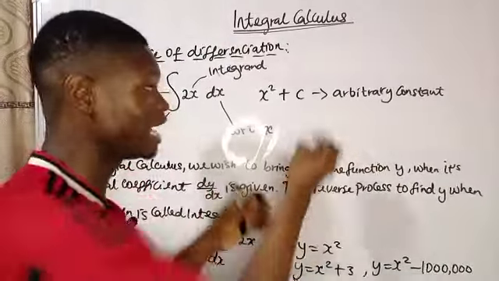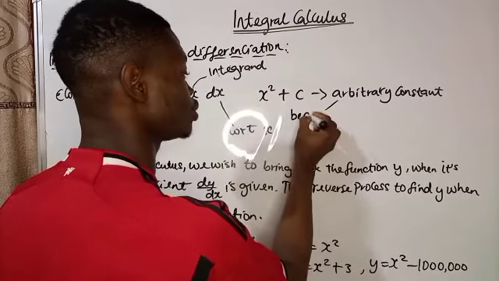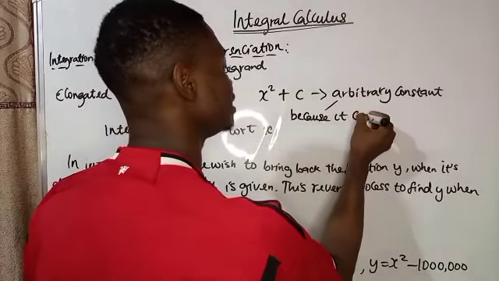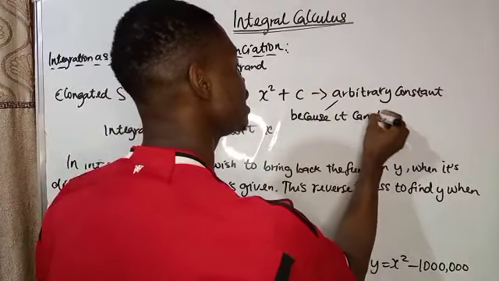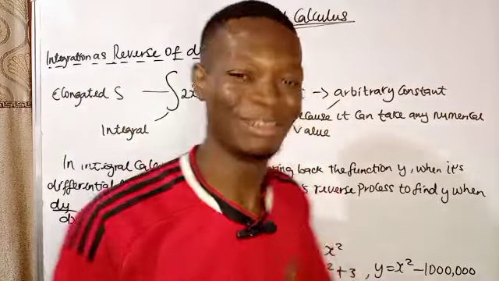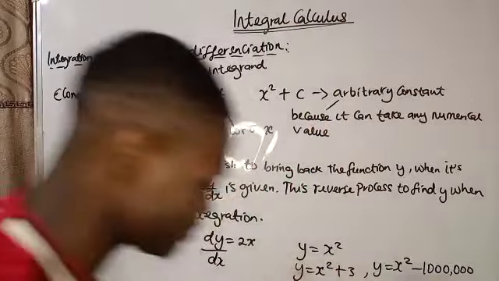The meaning of arbitrary is that it can take any numerical value. This c might be minus 1 million, or it might be minus 3. That is the meaning of arbitrary constant. It can take any numerical value, and it can be determined if extra information is given. Do you understand? So that is it.